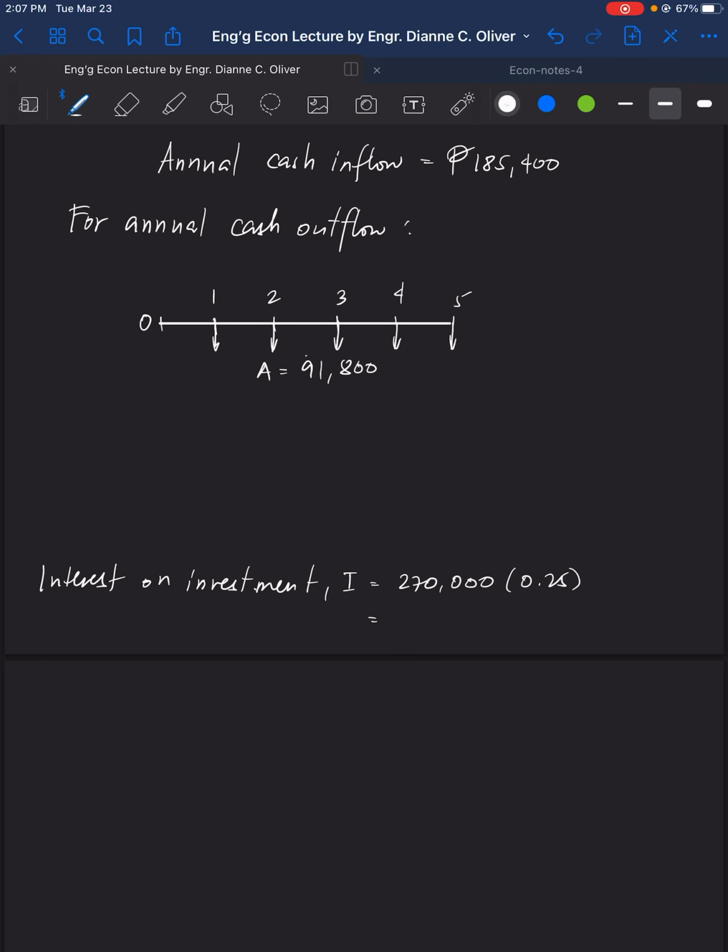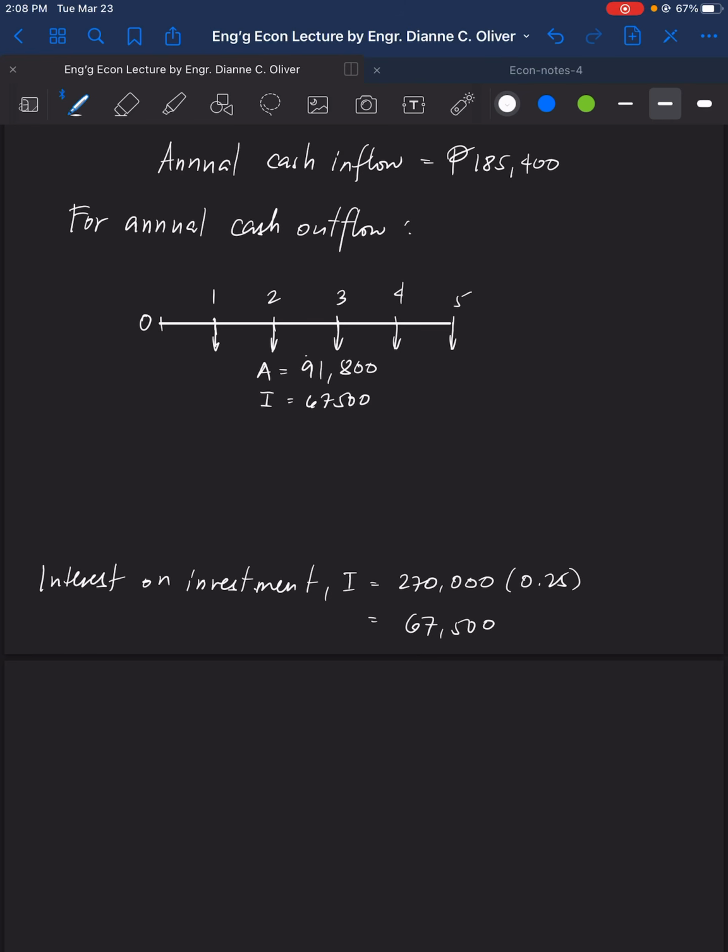So I is now equal to 67,500. So aside from A, we also have here the value for I.